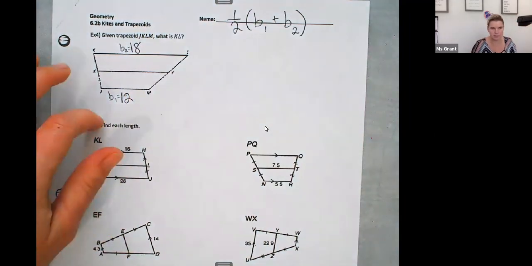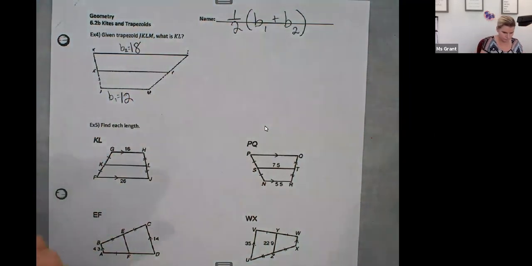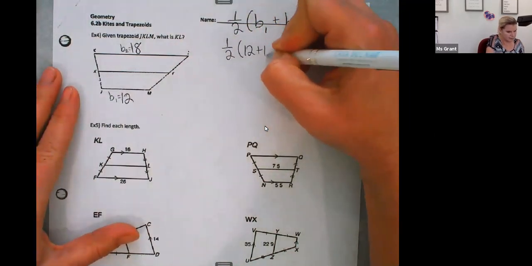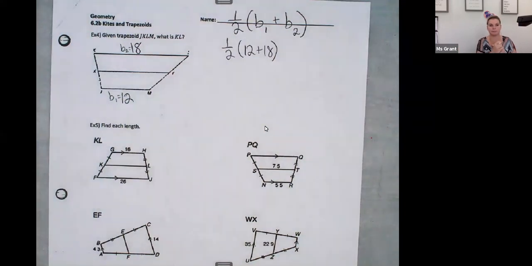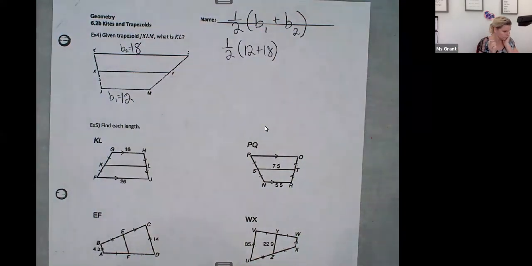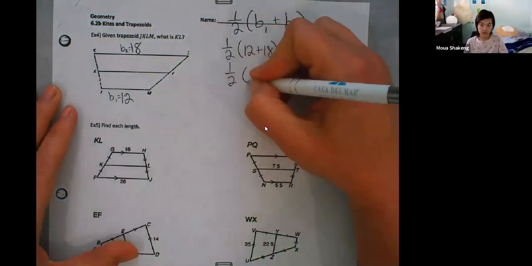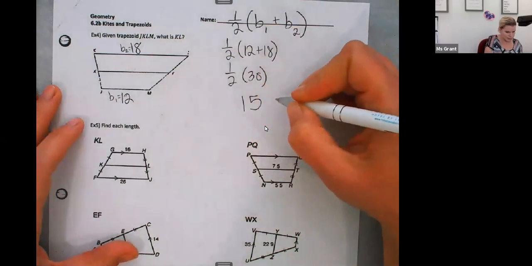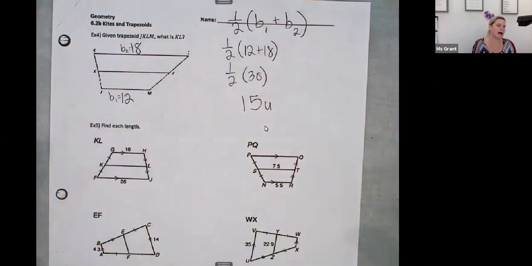It's just my preference. 1/2 of 12 plus 18. The top plus the bottom is basically what we're doing. And what is that? Half of 30, 15. 15 units, I don't know. Inches, feet, miles, whatever.